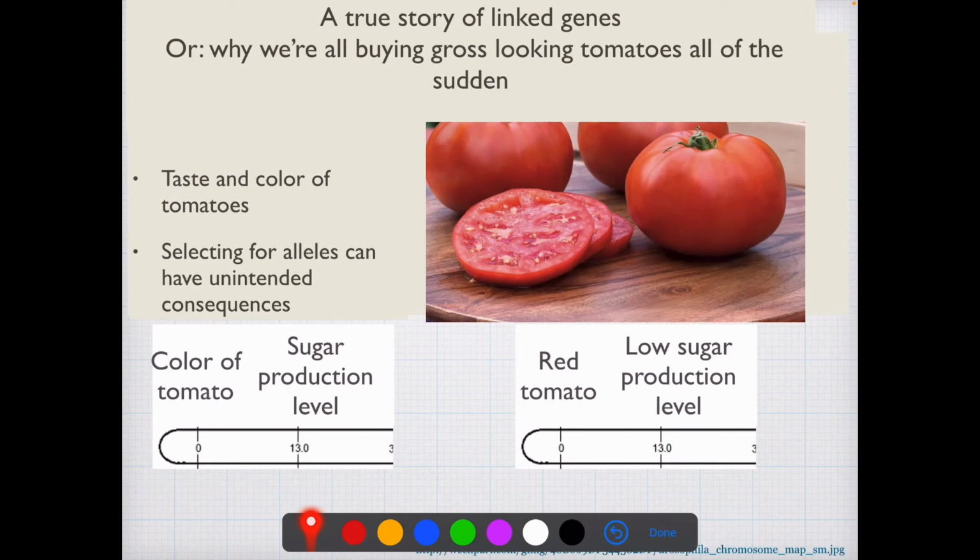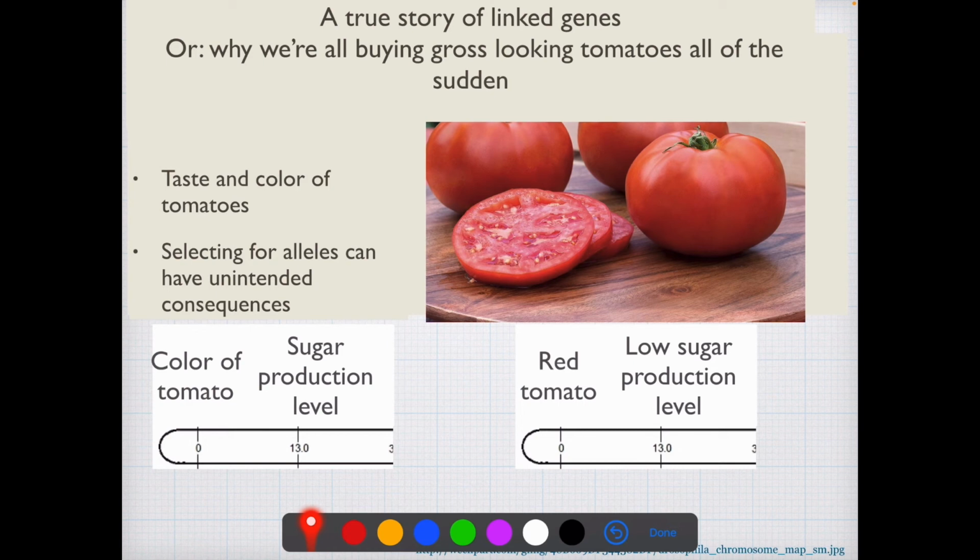Well, an example of this is in tomatoes. And if you go to the store in the past few years, you'll find that there are what's called ugly tomatoes, or sometimes they're called heirloom tomatoes, and these look really funky.